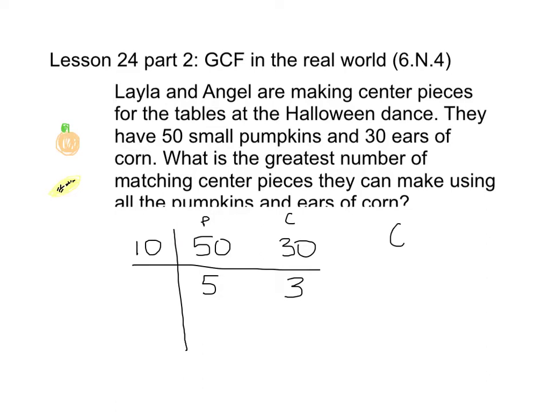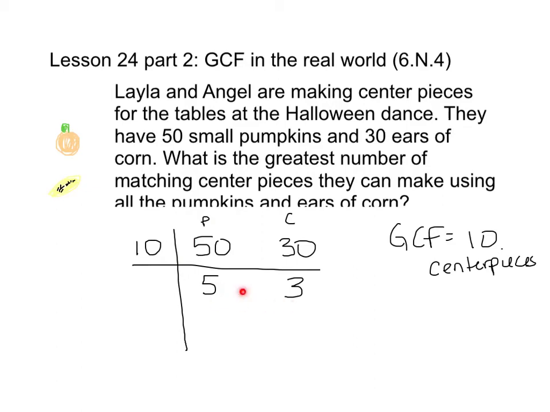So if my GCF is 10, that means I can make 10 centerpieces for 10 tables for the Halloween dance. And the next piece of information, this ladder is nice because not only does it tell me how many centerpieces I can make, it's also going to tell me how many pumpkins are going to be in each centerpiece and how many ears of corn.